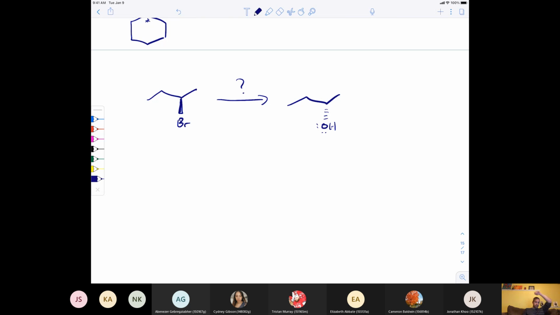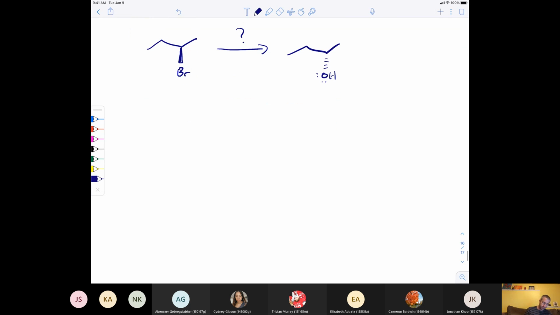There could be two sets of conditions that could do this. You could look at this as an SN1. And if you looked at it as an SN1, then the conditions that you might consider using would be water and no heat, so just room temp or cold.